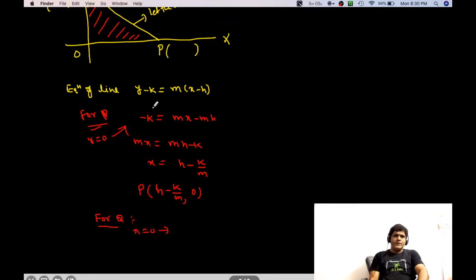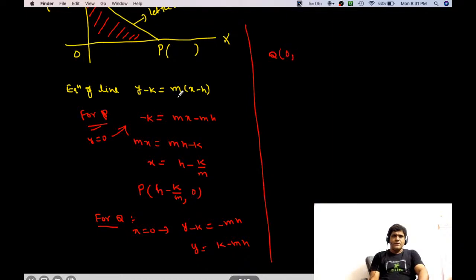If you put x equal to 0, then y minus k is equal to minus mh. Therefore y is equal to k minus mh. Therefore the coordinates of Q are (0, k minus mh).